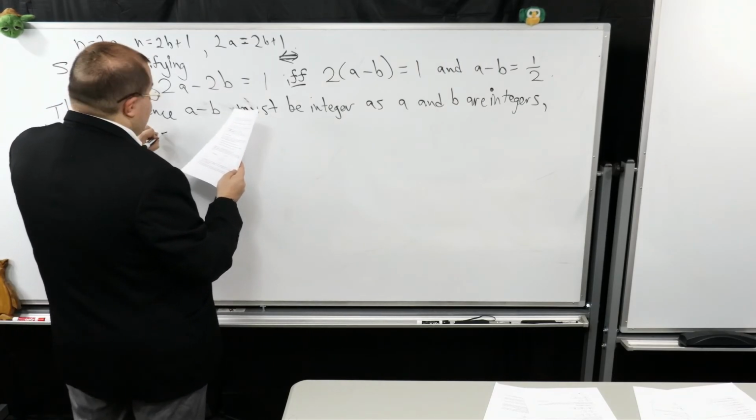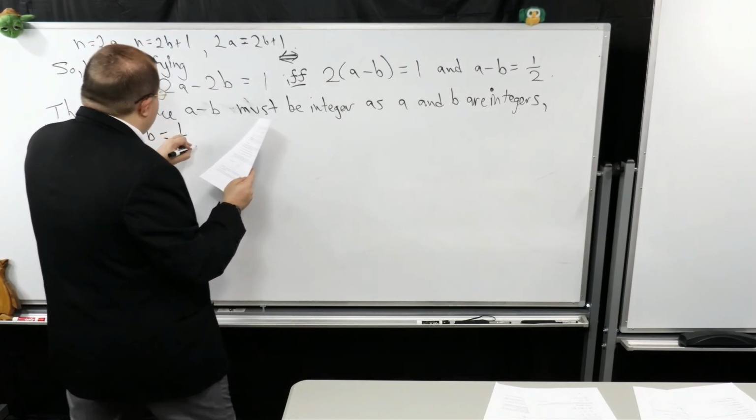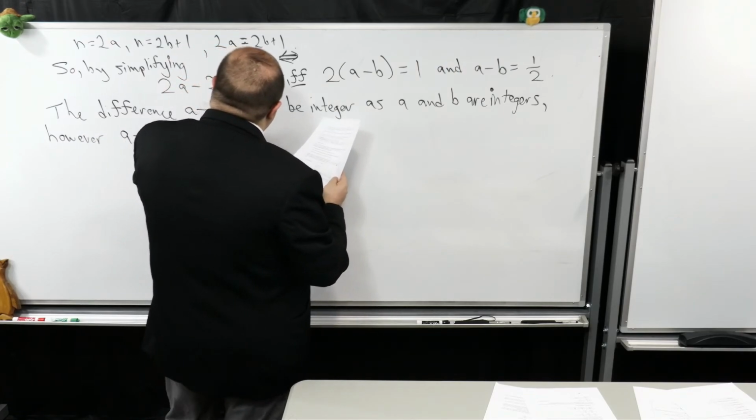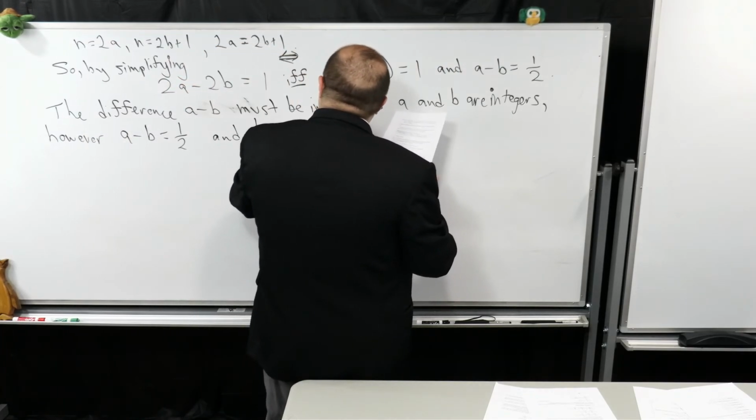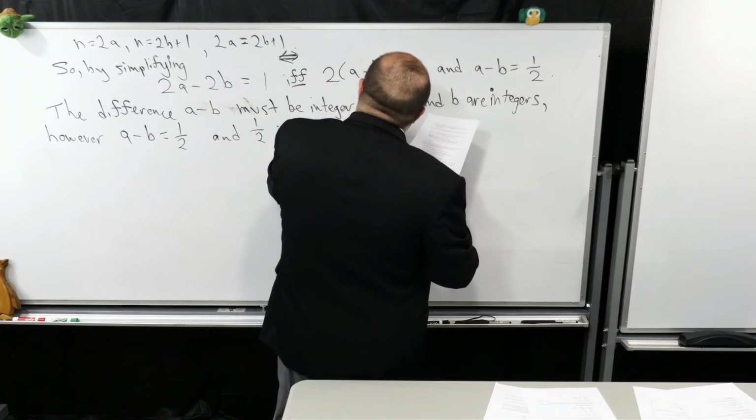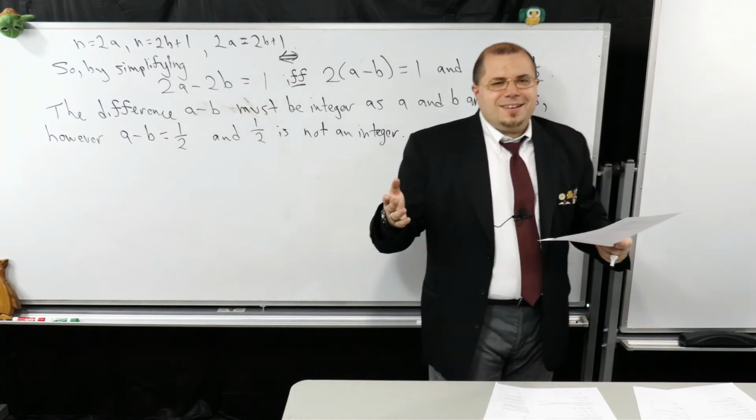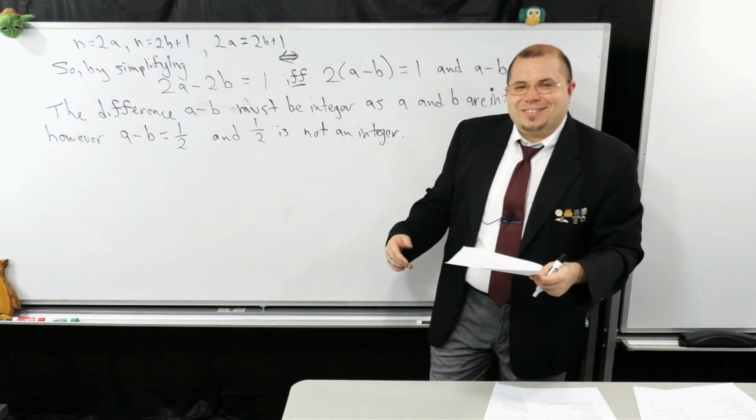A minus B is equal to 1/2. And 1/2 is not an integer. What is it? It's a rational number. It's not an integer.